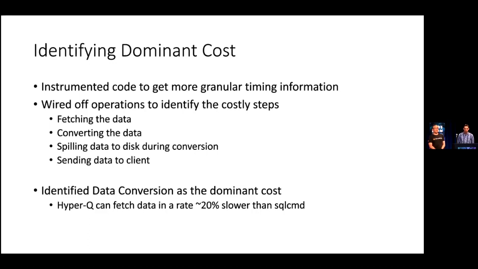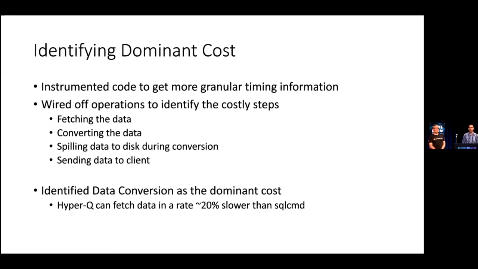During this process, we identified that the data conversion part, converting the data we receive from the cloud before we send it to the client, was the dominant cost. Wiring off the data conversion, we noticed that the overhead of fetching the data, inserting and sending the data back to the client was not much.